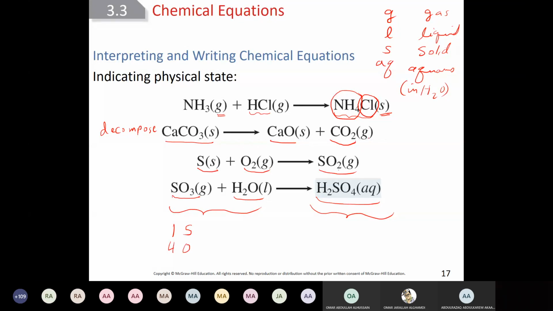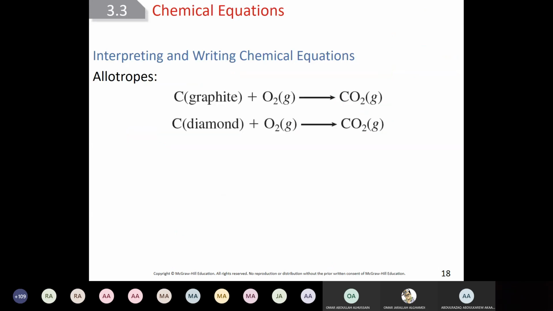How many hydrogen? 2. And in the product, how many sulfur? 1. How many oxygen? 4. And how many hydrogen? 2. Is it balanced? Yes. We should make sure that the chemical reaction is balanced.